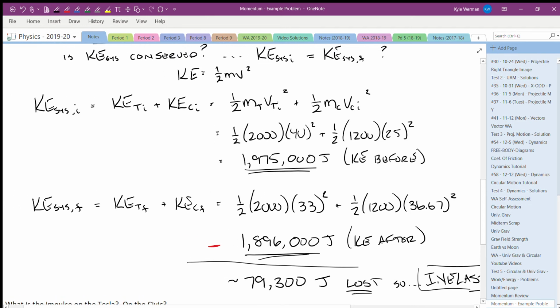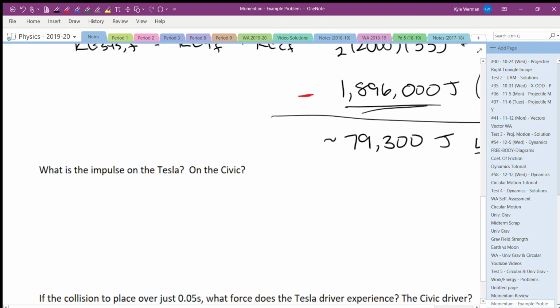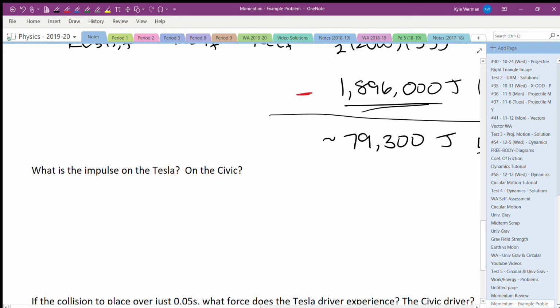All right, let's take it a step further. Now we're asking, well, what is the impulse on the Tesla? All right, well, an impulse is simply a change in momentum. Also delta P, which really is just the momentum at the end minus the momentum at the beginning. Well, let's look at the Tesla.